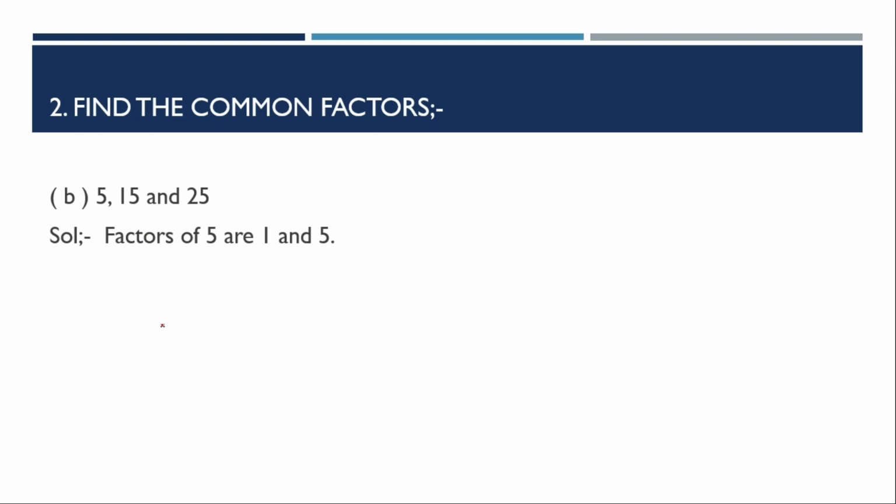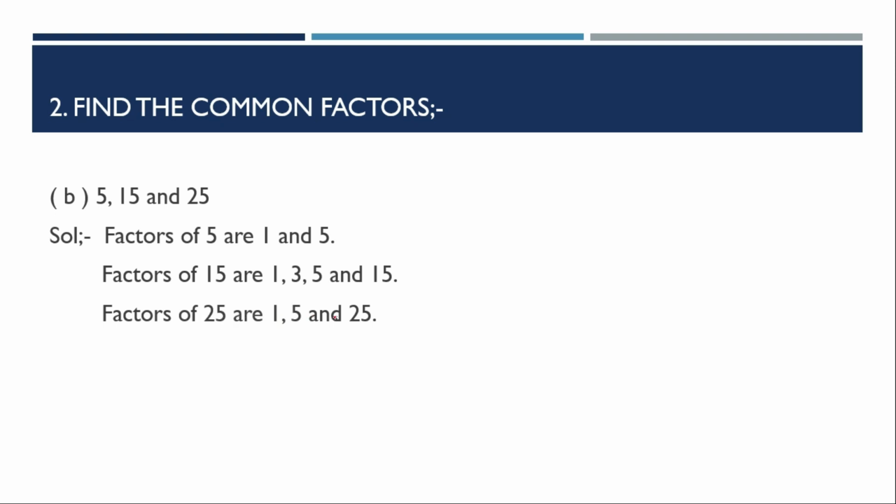So 1, 3, 5 and 15. And what about 25? Yes, it is 1, 5 and 25. From this, can you find out what the common numbers are? Yes, it is 1 and 5. So common factors of 5, 15 and 25 are 1 and 5.